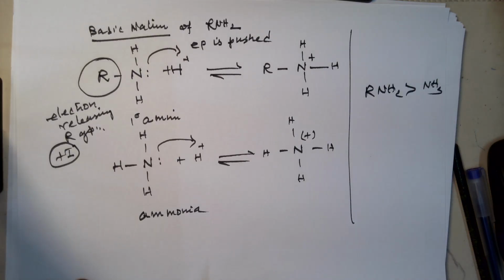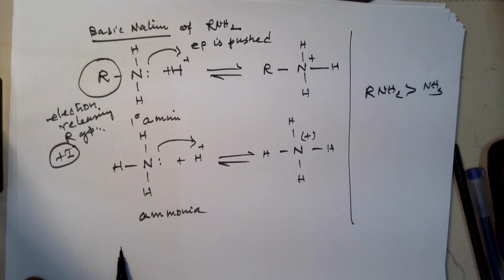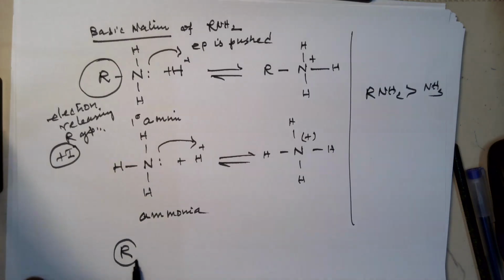And the basic nature of aliphatic amines should increase with the increase in the number of alkyl groups. So naturally what we expect is that the increase in the number of alkyl groups increases the basic nature.